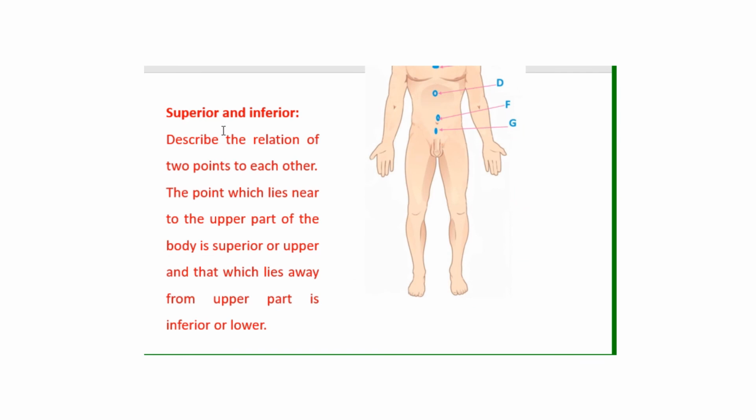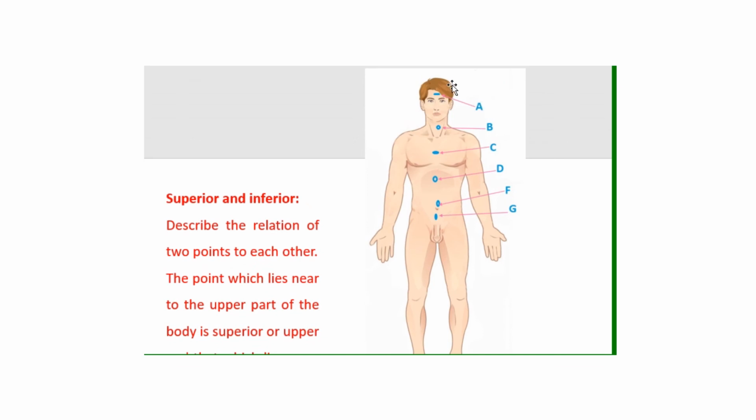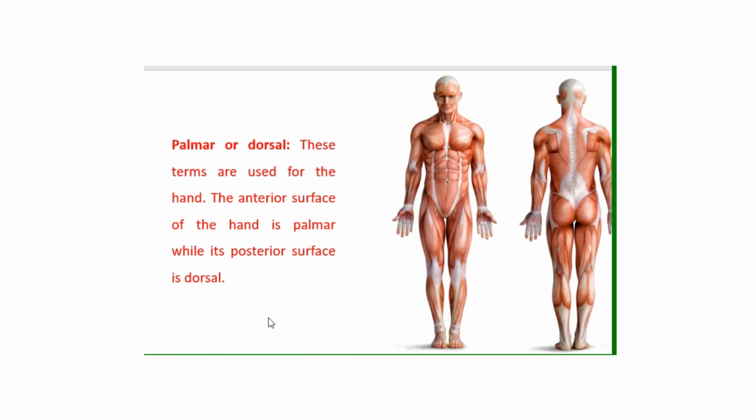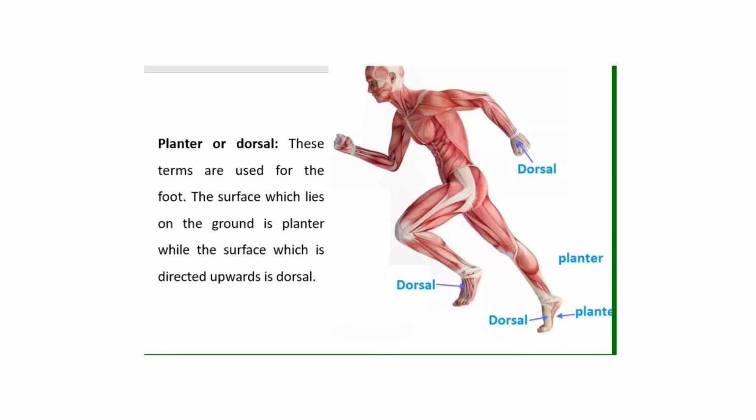Superior and inferior: the point which is nearer to the upper end of the body is superior to that which is away from the upper end. Palmar is the palm of the hand, dorsal the dorsum of the hand. Plantar and dorsal are applied only for the foot.